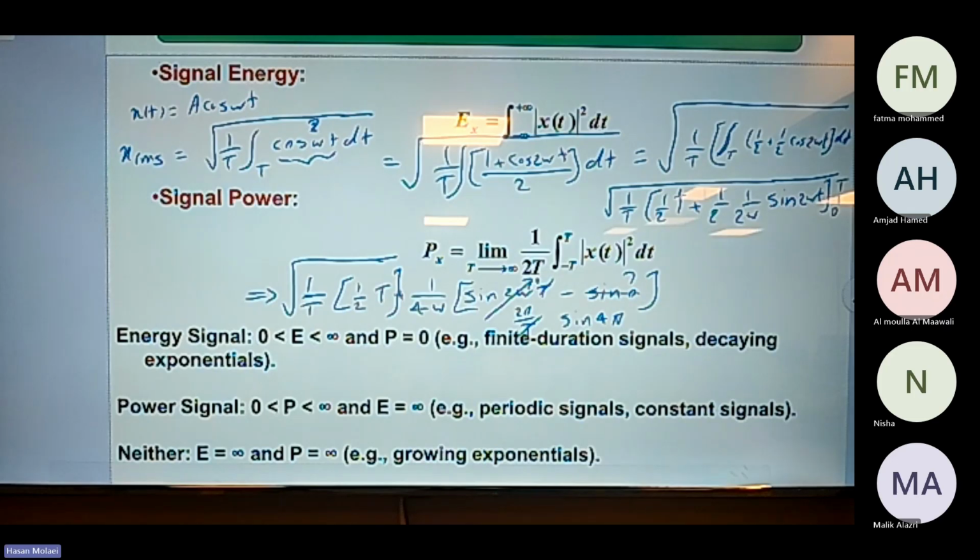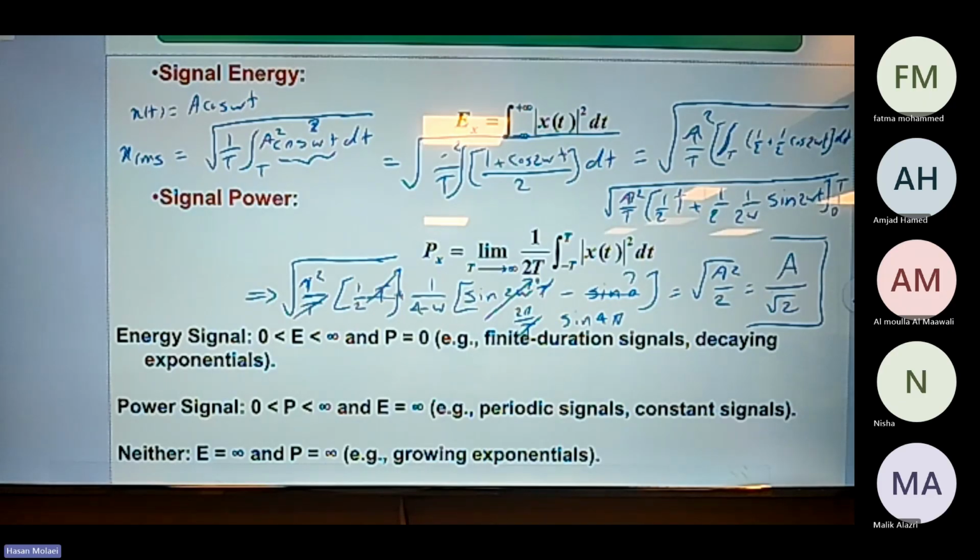And I can easily get the answer, which is the radical of 1 over 2. I had one A, I didn't complicate it here. If I write A, it should be A squared, here it should be A. And that's the constant. At the end, it would be A over radical 2.